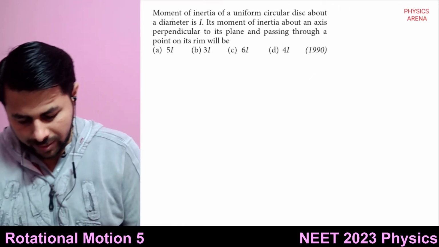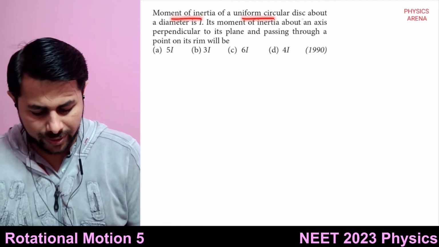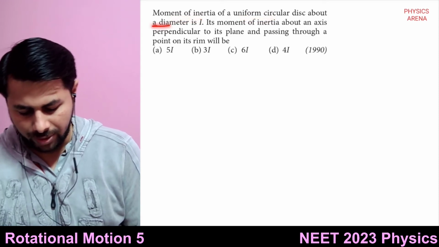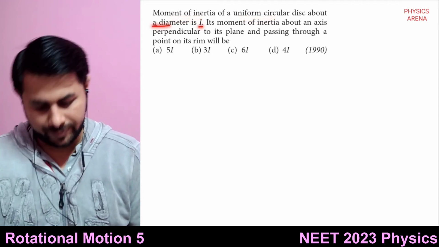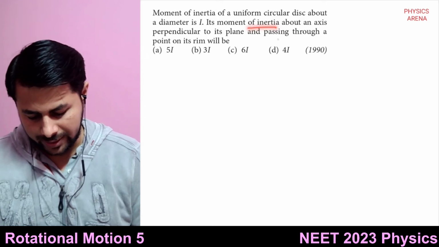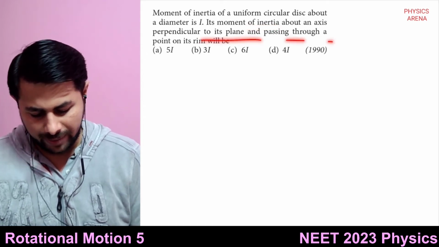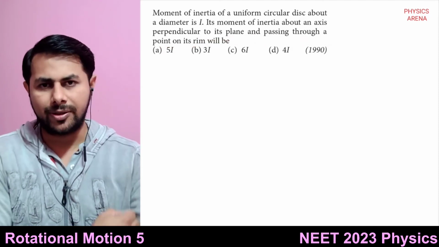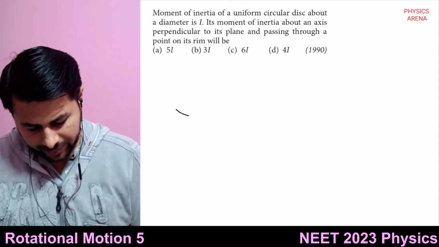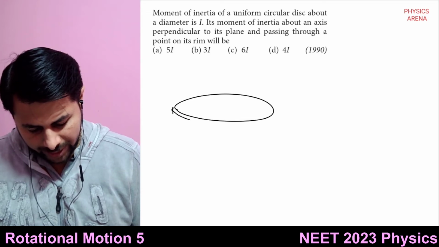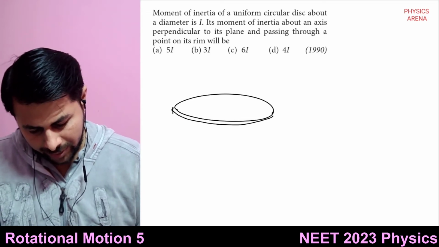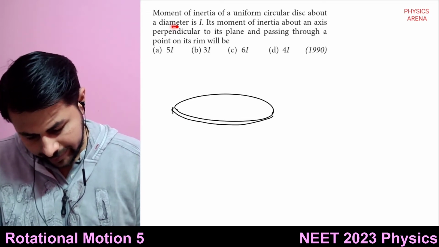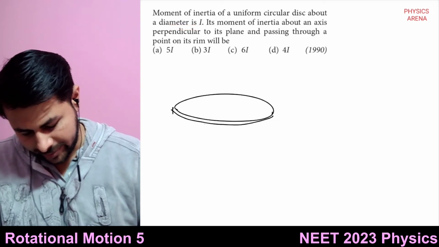Alright, next one. Moment of inertia of a uniform circular disk about a diameter is I. Moment of inertia about an axis perpendicular to its plane and passing through a point on its rim will be. So again we have disk, its moment of inertia about which axis is given, about its diameter is given.